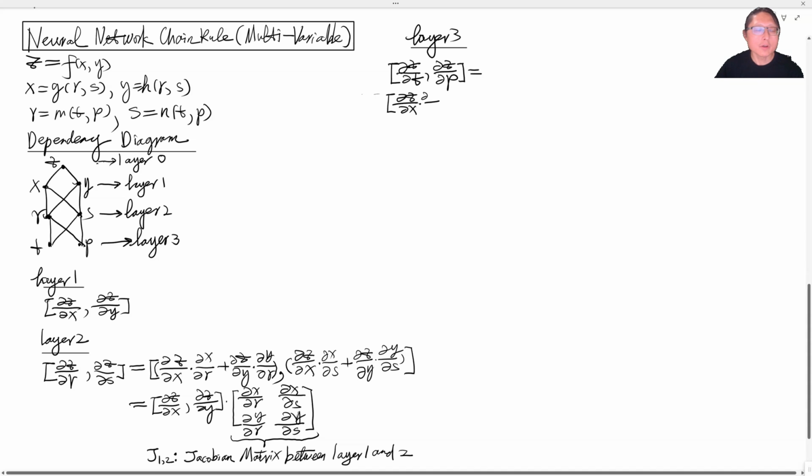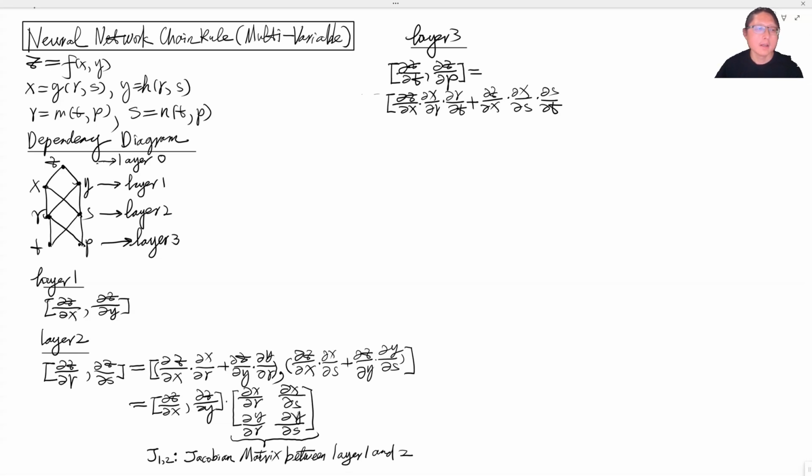So basically for t, we can see you can go from z, x, r, t, and also you can go from z, x, s, t. The third path will be z, y, r, t, and the fourth path will be z, y, s, t.